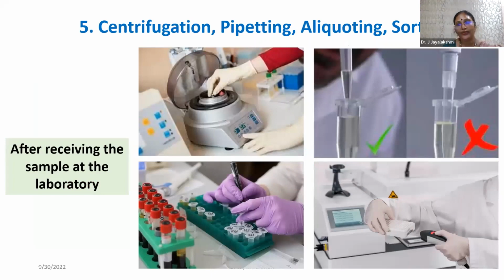There's the last one of these pre-examination variables, which is centrifugation. Another area of concern. Sometimes you will see it is centrifuged at RPMs not as per the SOP. It's at 1500 RPM, but your SOPs would be saying 3000 RPM.